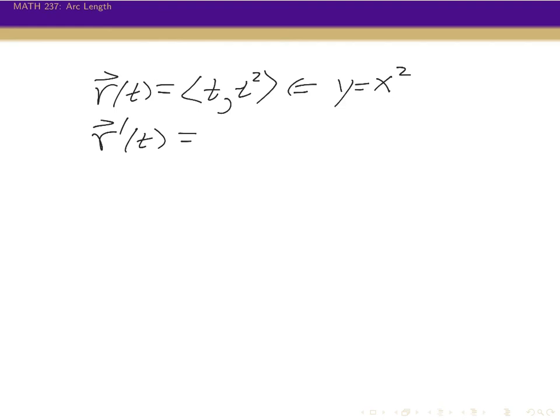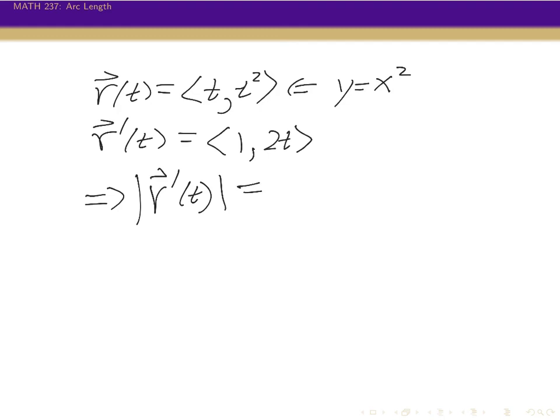The derivative of this is 1 comma 2t. And so the speed function for this is going to be square root of 1 plus 4t squared.